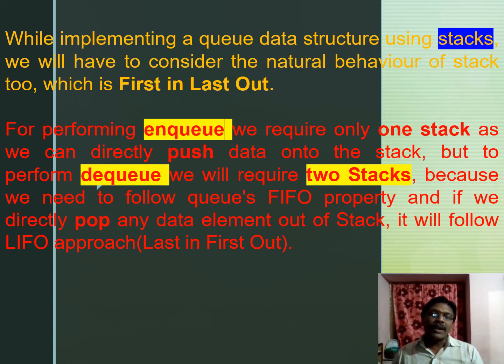For performing enqueue, we require only one stack, as we can directly push data onto the stack. But to perform dequeue, we require two stacks because we need to follow the queue's FIFO property. If we directly pop any data element out of the stack, it will follow the LIFO approach, that is, last in, first out.